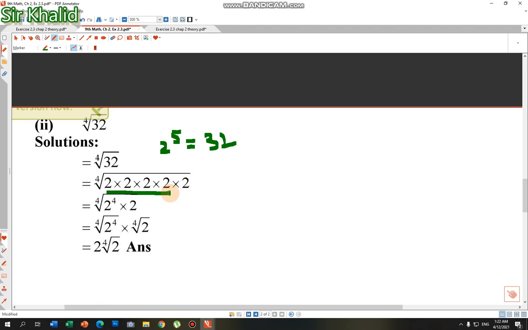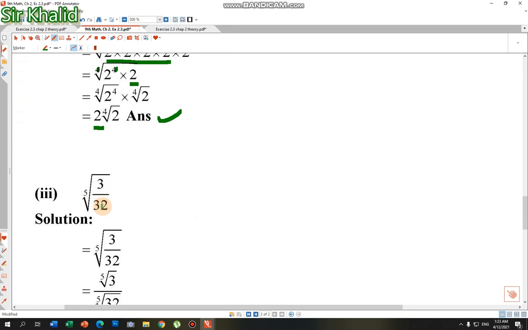You choose the pattern to the power 4, because here the index is 4, so it will be easy to cancel. 4 and 4 will be cancelled, and 2 will be left. But in this radical, the 2 which is left still has the index, so it will be the fourth root of 2. This will be the answer.